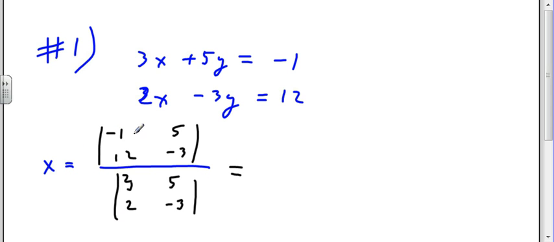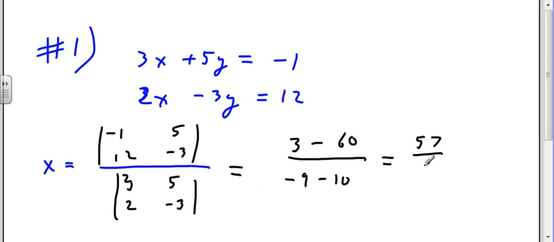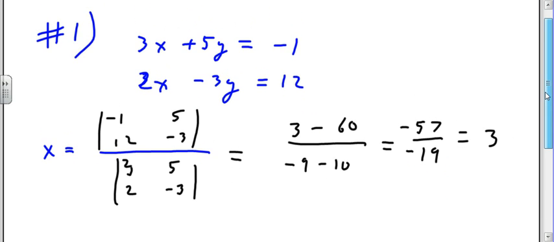So I've got minus and minus, so that's 3 minus 60 divided by minus 9 minus 10. So that'd be a 57 over minus 19. And minus over minus, right? So that looks like a 3. Does that look like a 3? 57 over 19, yeah, it looks like a 3 to me. Okay, so x is going to be 3.